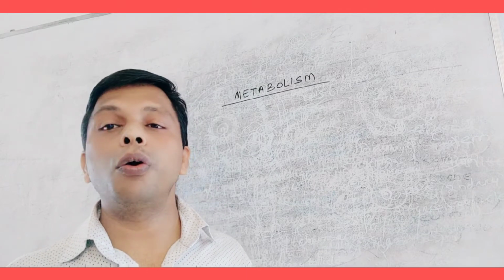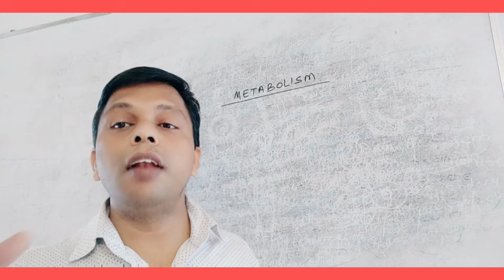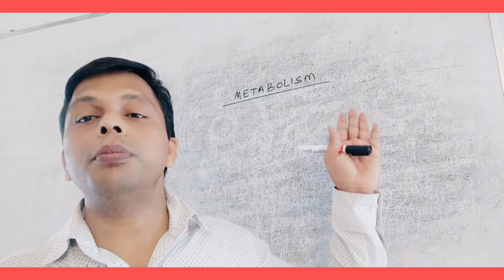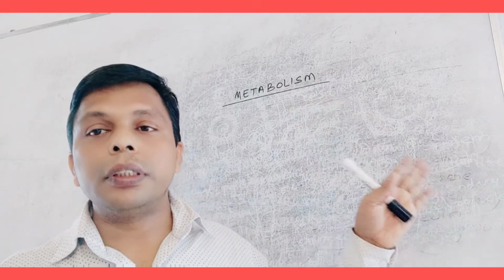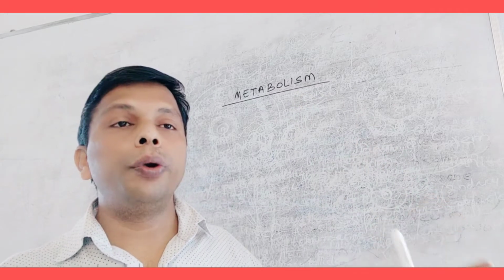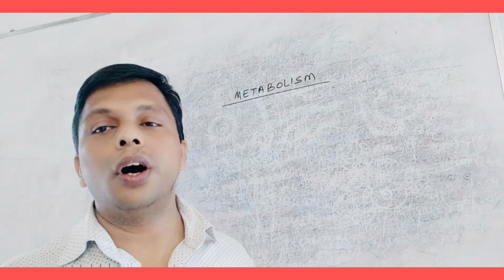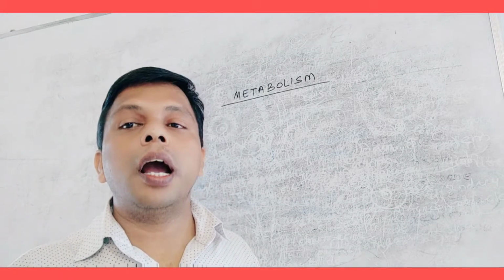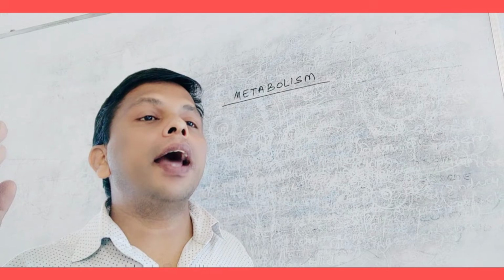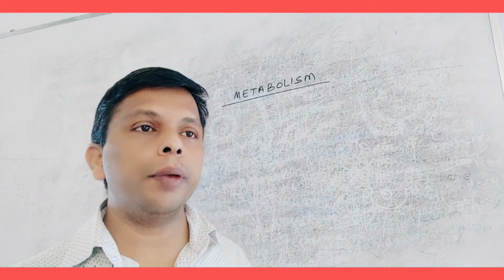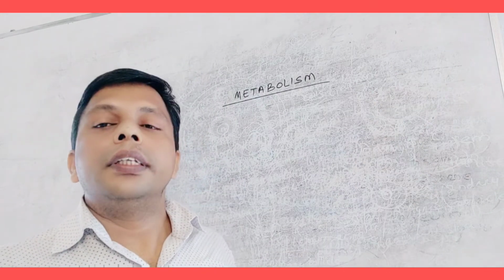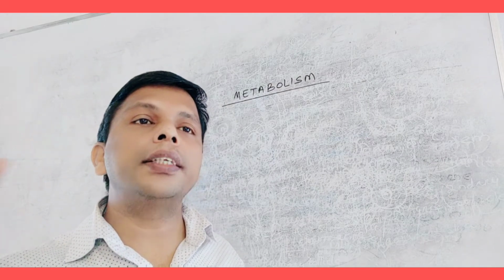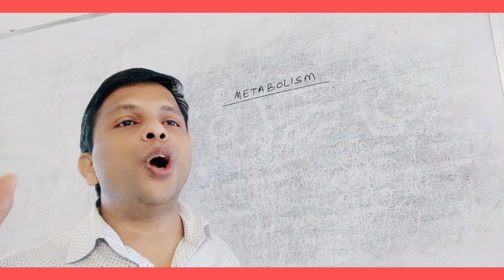When we think about homeostasis, a self-regulating, self-balancing system, metabolism is essential with all its pathways, all the three pathways of metabolism: anabolism, catabolism, and amphibolic pathway. So, the chemical reactions which are occurring inside the body come under metabolism.